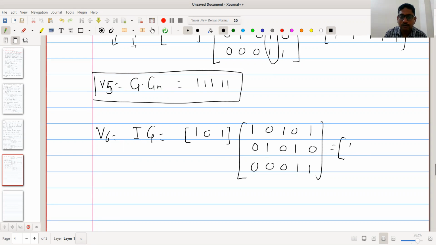So 1 into 1, 0 into 0, 1 into 0. 1 into 0, 0 into 1, it is 0, it is 1, it is 1. 1 into 0, 0 into 1, 1 into 1. And at last 101 multiplied by 101 gives 2, and 2 means 0. So finally V6, which is IG, you get 10110.